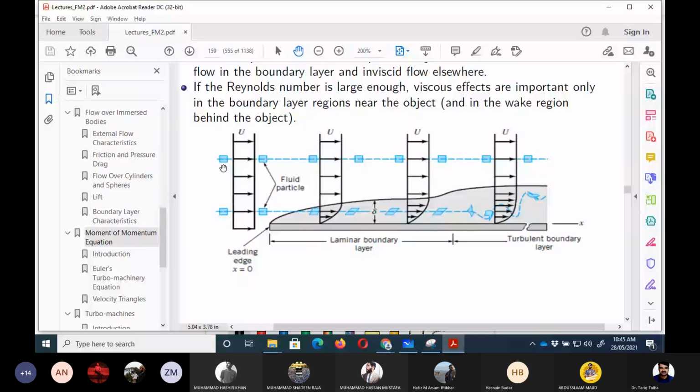Now let's talk about a fluid element going inside the boundary layer. Inside the boundary layer, we know that as we move away from the wall, the velocity increases.